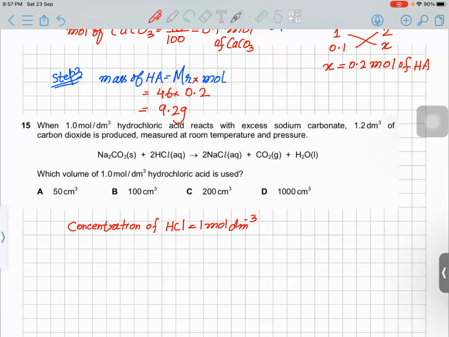Carbon dioxide. So we only know our concentration here. Concentration of HCl is given, and its volume is given. Now the volume of HCl is required.